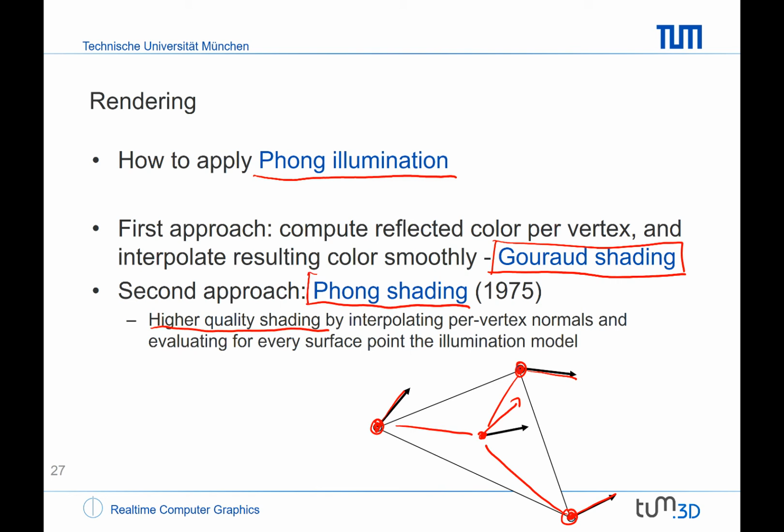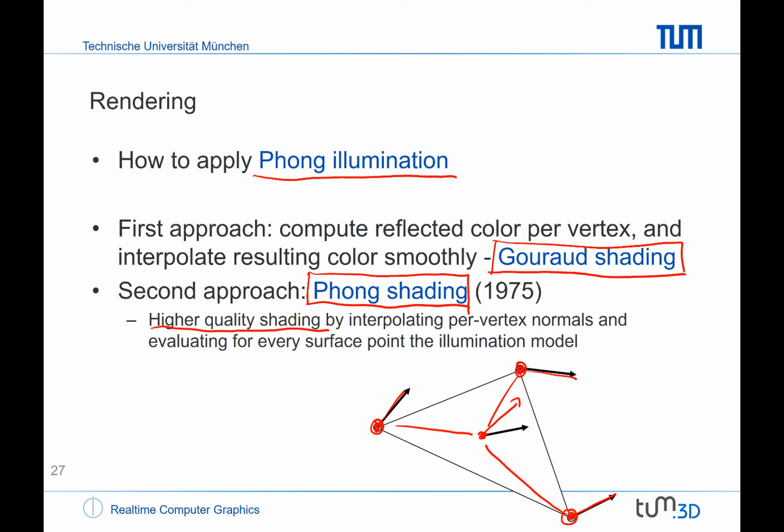And in Phong shading, for every point we see on that triangle, we let the normals be interpolated, and then for every point with the interpolated normal, we evaluate the Phong illumination model. So it's clear that Phong shading is computationally far more expensive than Gouraud shading, but as we will see in a second, it also provides higher quality shading.